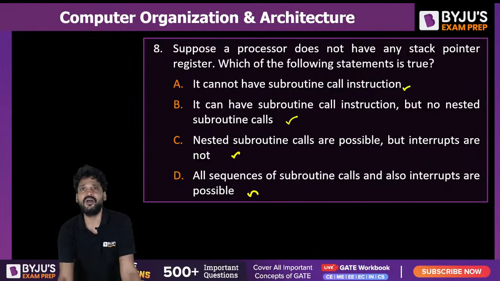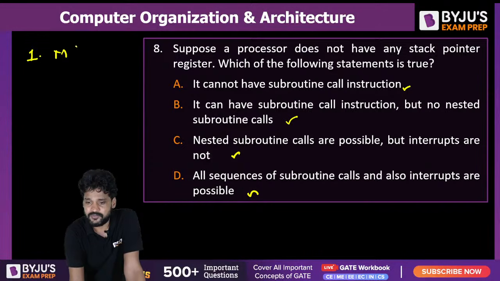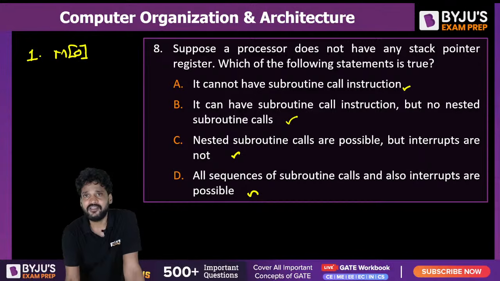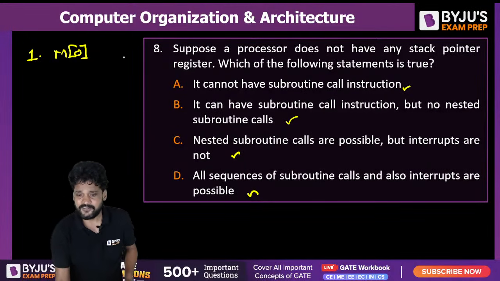When you are going to have a subroutine call or return, let me tell you, there are several ways to save the program counter value. Whenever there is a subroutine call, there are 3 provisions that we can have in order to store the program counter value. The first provision is memory location 0.